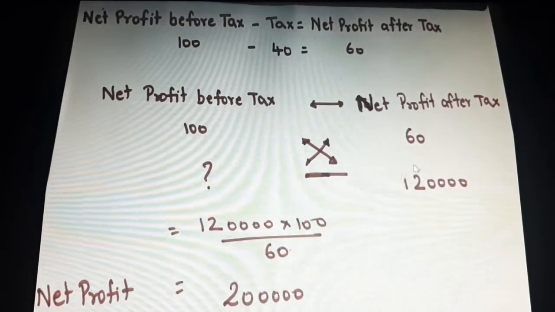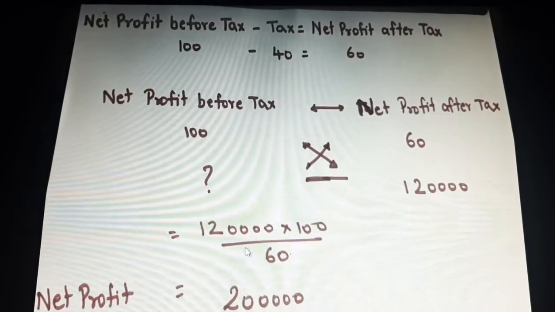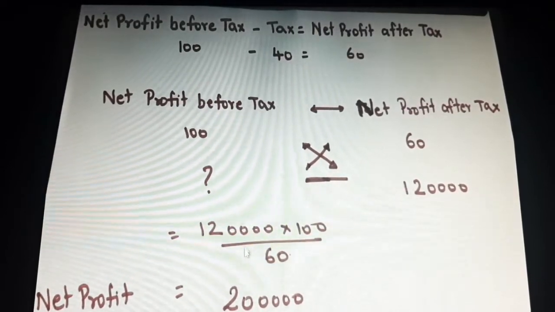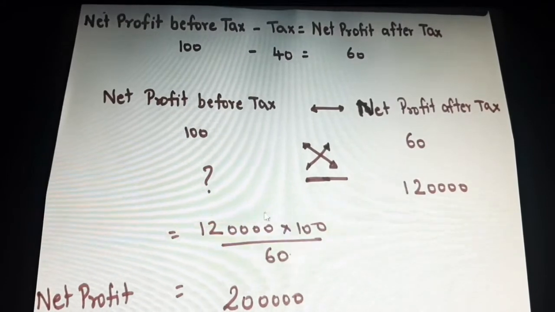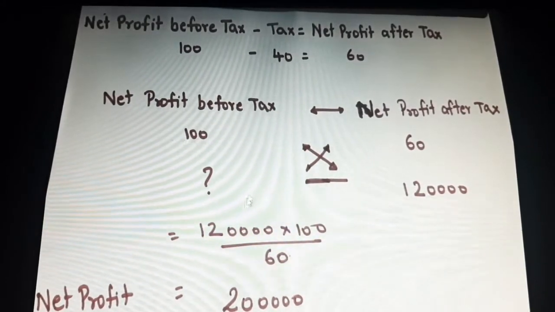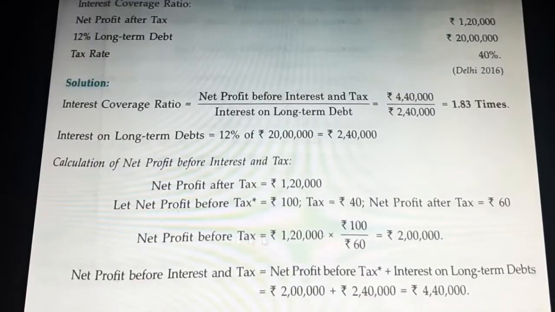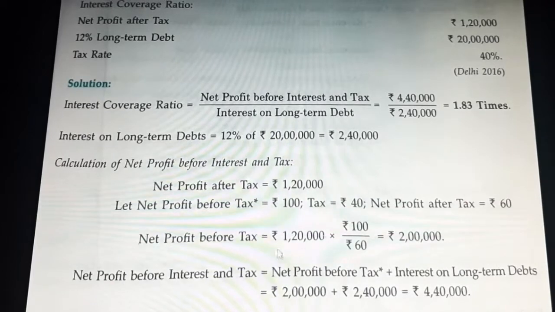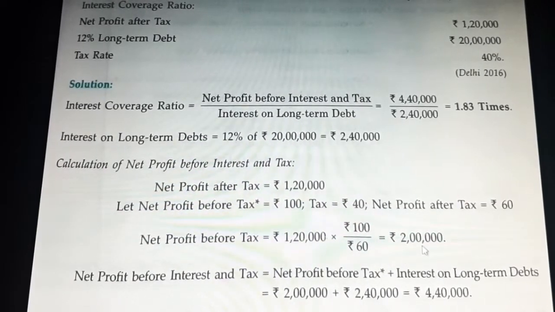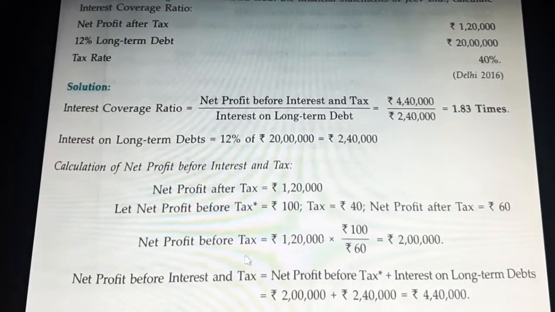So can't we calculate the net profit before tax by cross multiplying? That is what you have to do here. After cross multiplying, the net profit before tax, this amount is question mark, you will get as rupees 2 lakh. You calculate it, after cross multiply you got the answer as 2 lakh. So what is that? Net profit before tax.